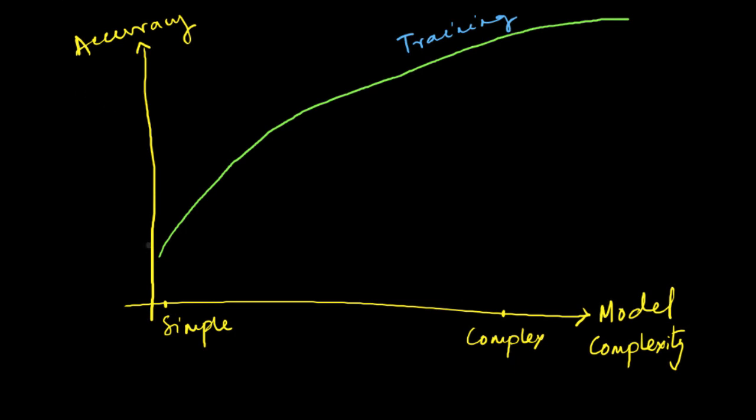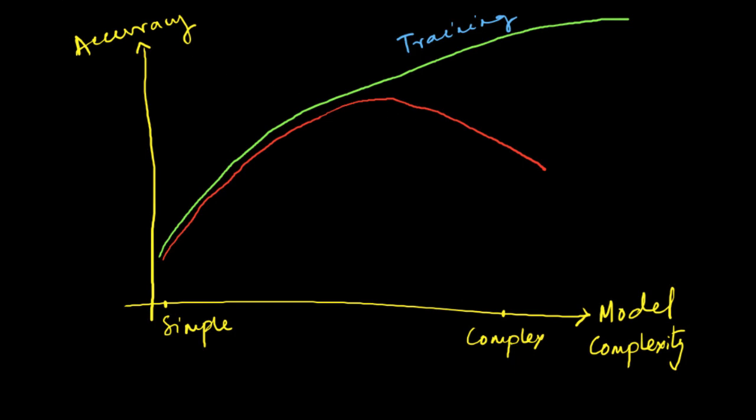But what finally matters is your testing accuracy. And as it turns out, when your model is very, very simple, both your training accuracy and testing accuracy will be low. Then slowly your testing accuracy will improve, but it will reach a point after which it again decreases. What that means is that you have entered into the realm of overfitting.